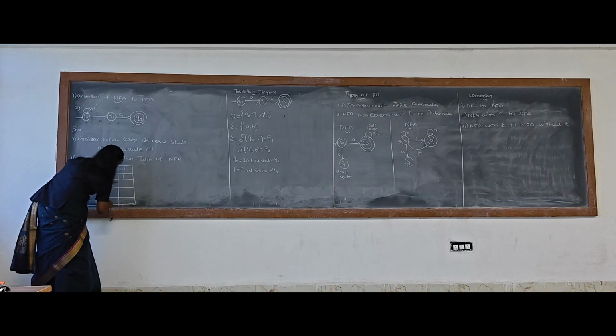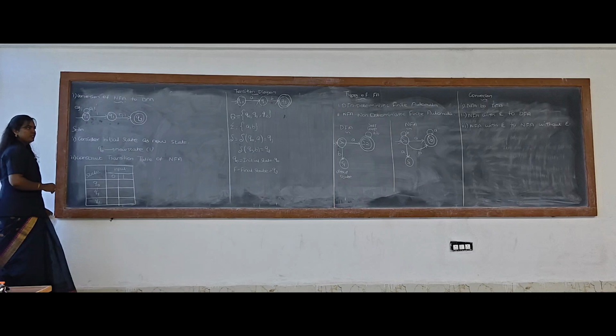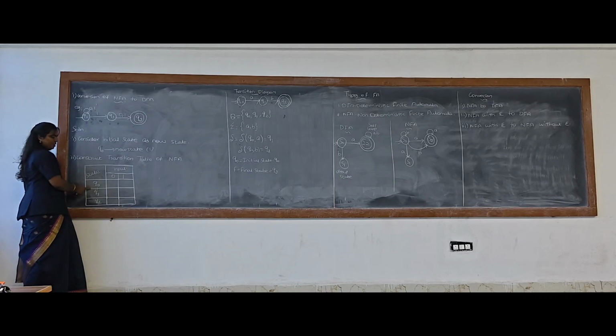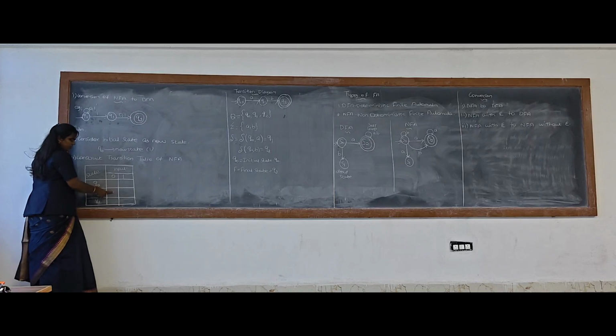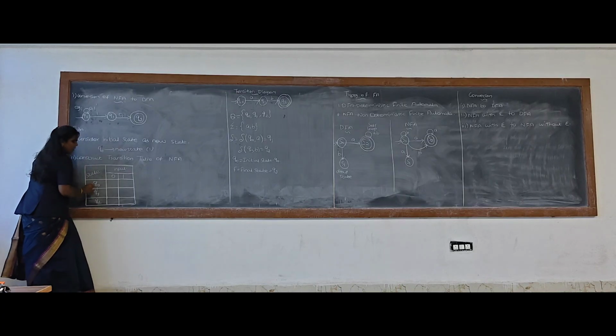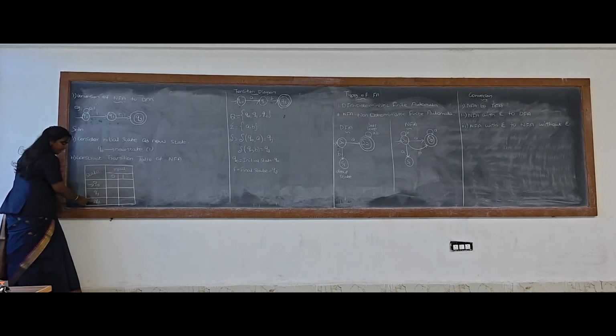So this is the transition table. To fill this transition table, we have to look at the transition functions. This one represents the initial state, so we mark it with an arrow, and Q2 is a final state, so we mark it with a star symbol.